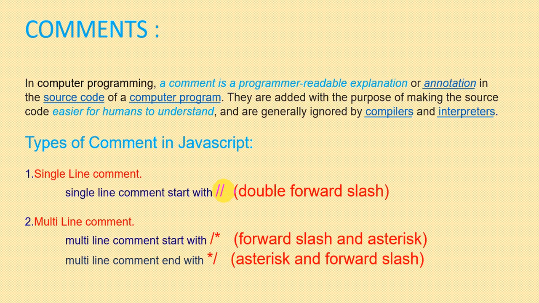Inside a comment you will not write regarding JavaScript or any programming language, you can write anything. If you are writing in one line, it is a single line comment, with a double forward slash. For a multi-line comment, you write forward slash and asterisk at the start, and where your comment ends you write asterisk and forward slash.